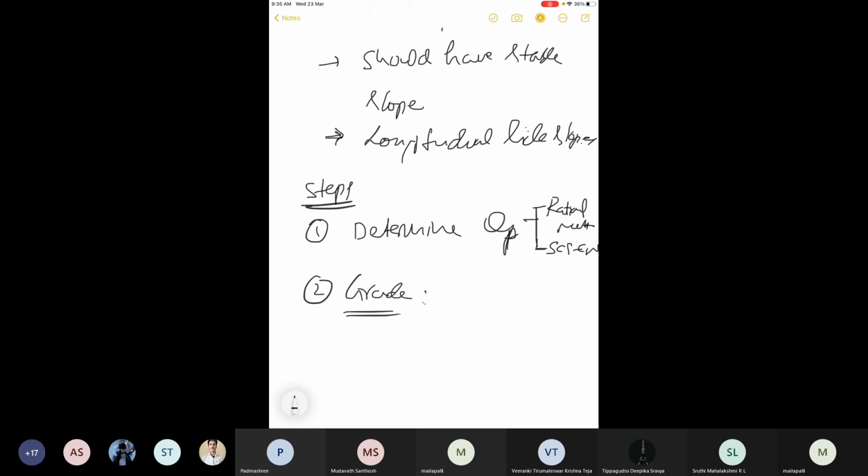And the grade should not be so low as to allow silting and should be as uniform as possible. So for that, there is a table available, from which you will know the maximum permissible velocity.